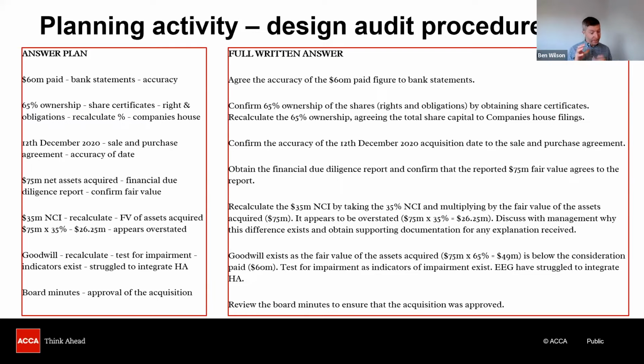So that's one thing. Is it isolated or is it widespread? And then the second thing they look at is, is it so big that it causes a dramatic change in the presentation of the accounts? Does it turn profit into a loss? Does it mean that we breach a covenant on a loan? So we need to maintain interest cover of 3 times, and because of this issue, our interest cover is only 2 times, and therefore we've breached a loan covenant. That would probably make it pervasive.